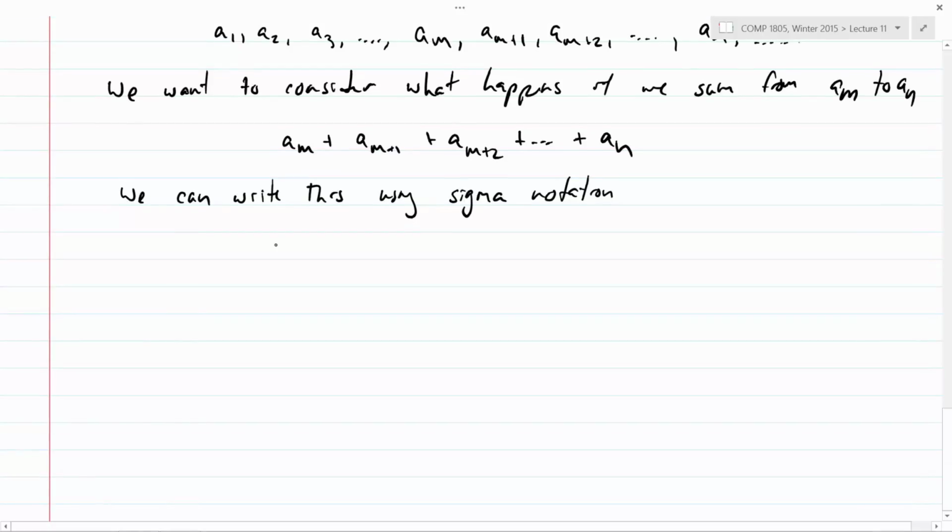So this thing here is written the sum from i equals m to n of a sub i.